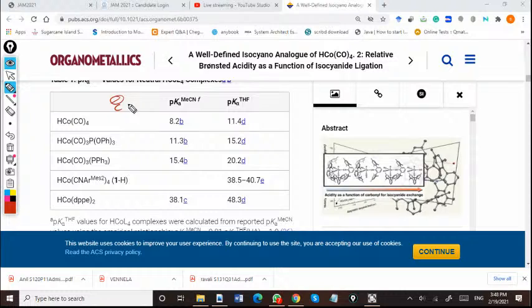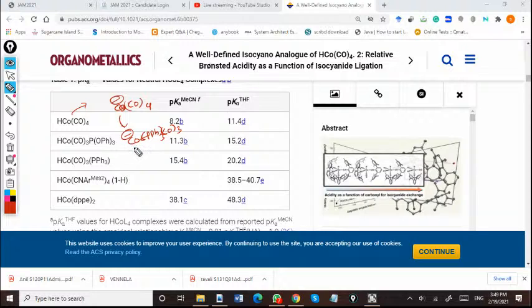The anion that forms from the liberation of the proton from the tetracarbonyl, if replaced with a triphenyl phosphine ligand, which is more donating in nature, will be very unstable.